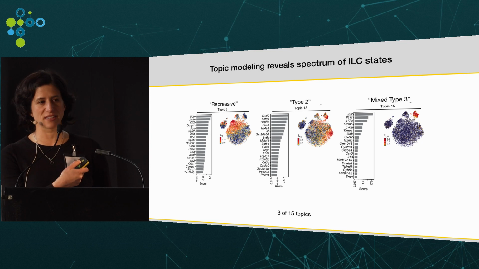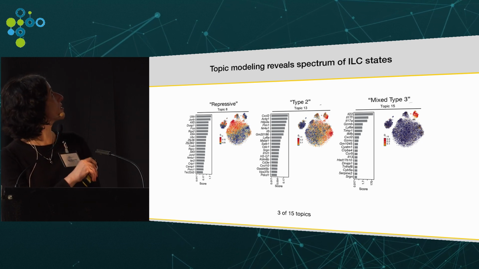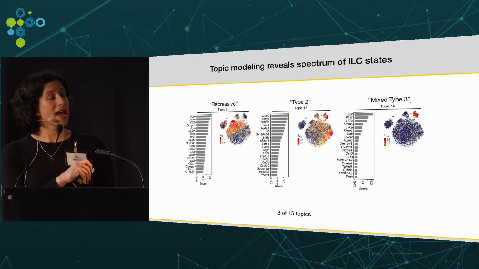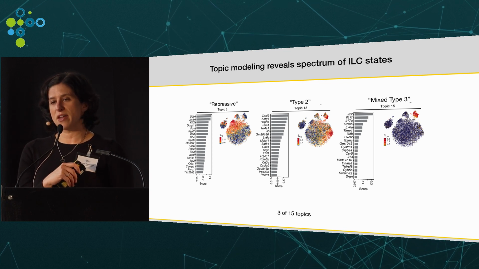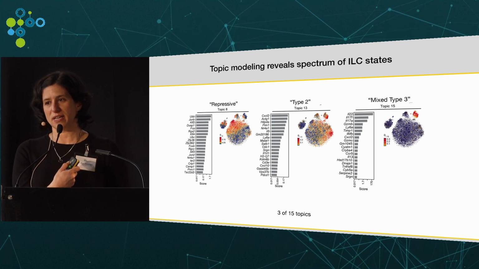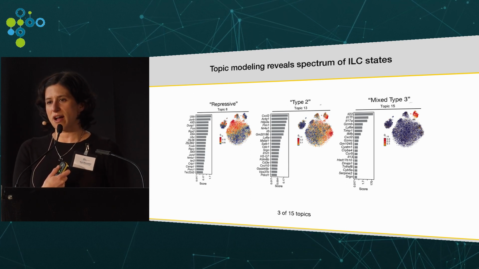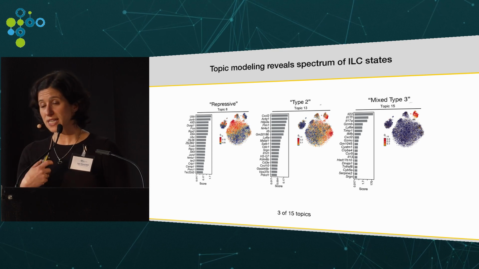You can get topics that are almost like differential expression. Then you also get topics like this one that is mostly in this cloud, but it has graded expression across. I named this repressive mainly because I looked at the genes that were very featured in that topic and were specific and upweighted in it, and saw that they were also associated with a lot of T-cell repression programs and Th17 repression programs.